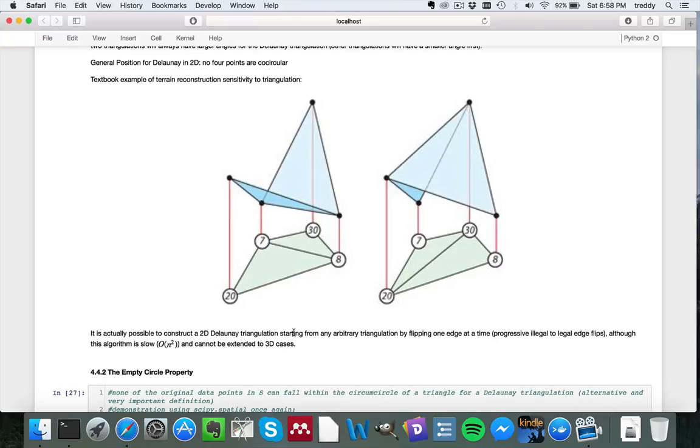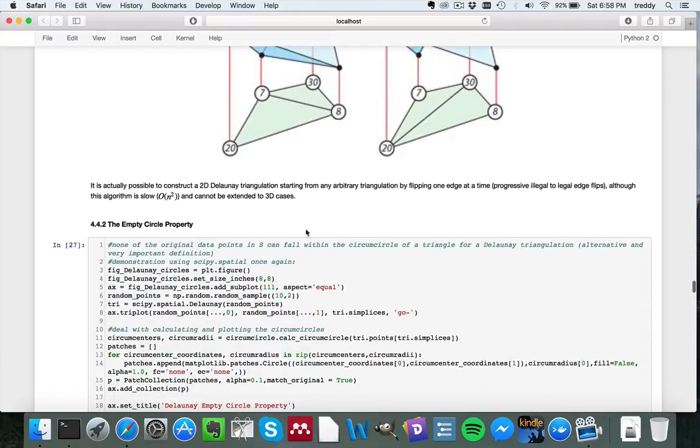Do that over and over until you can't flip any more edges to make fatter triangles. That is actually a valid way to calculate the Delaunay triangulation, but it's slow, quadratic time complexity, and you can't use this incremental edge flipping approach for 3-dimensional cases.